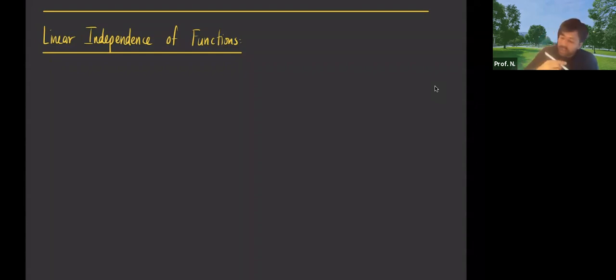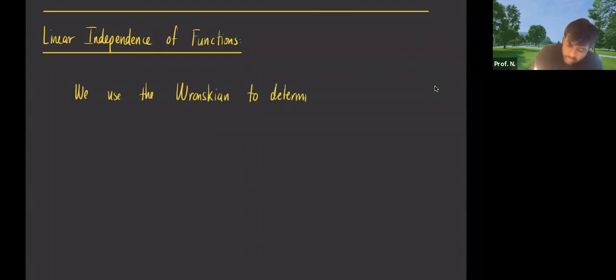For this, we need to use what's called the Wronskian. We use the Wronskian to determine linear independence of functions.